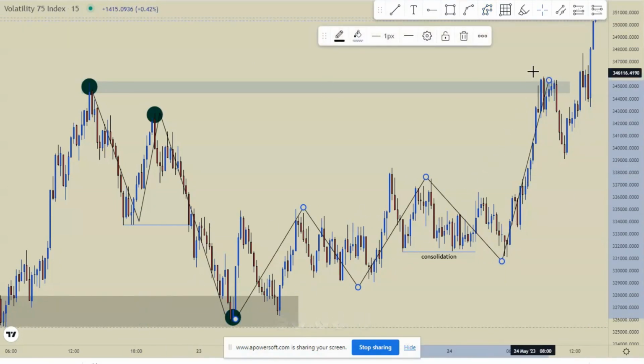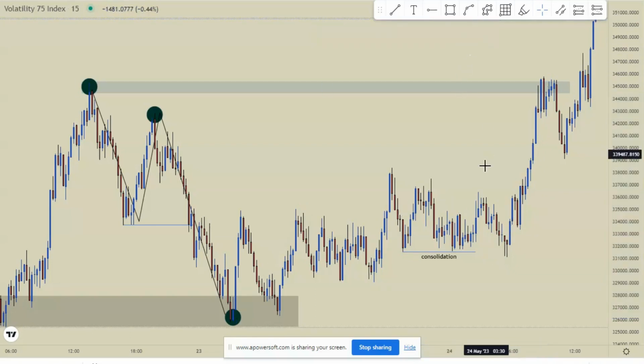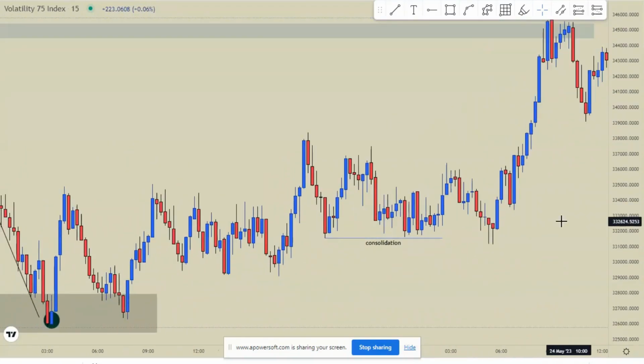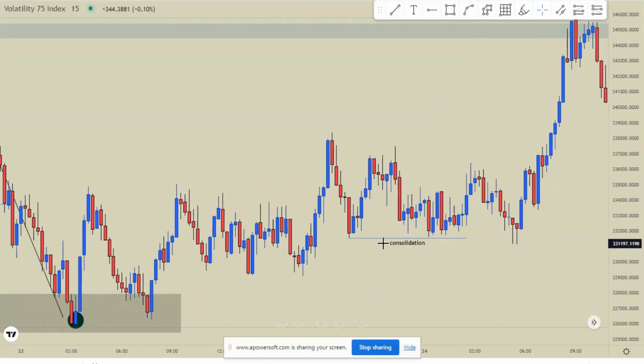The whole of this move was a reversal, but also having an expansion, retracement, and then expansion, and then we started to get expansion and retracement.